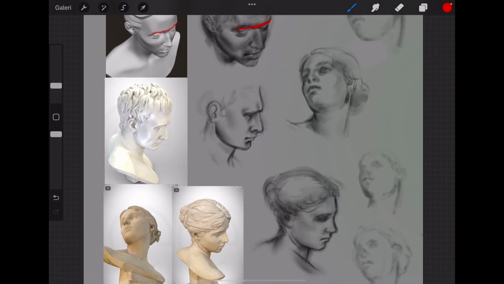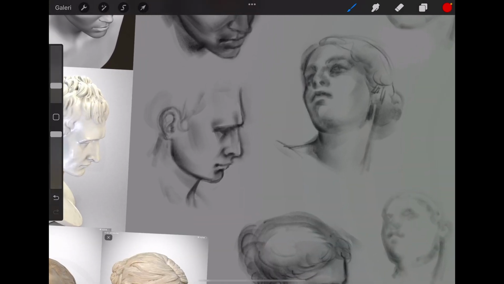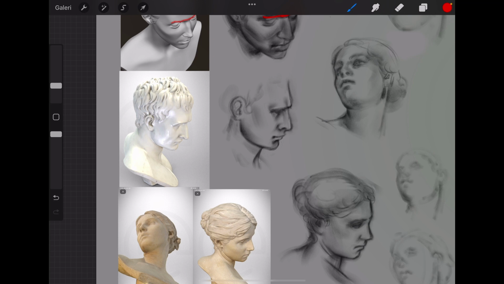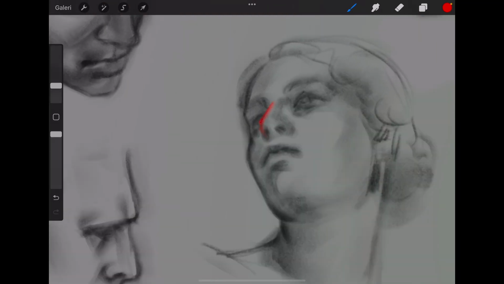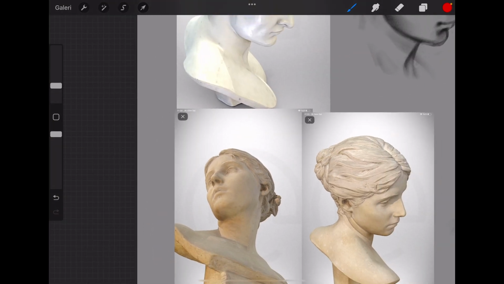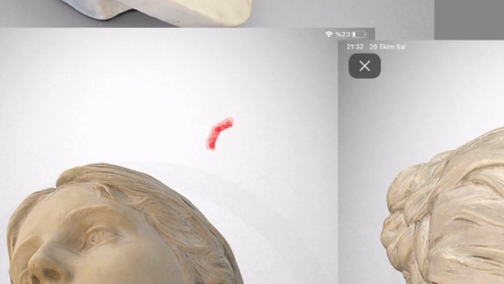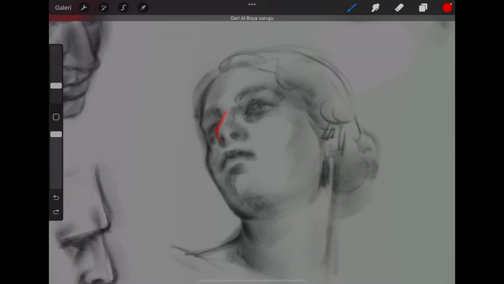And in here, for instance, there's no structure. Look at the nose. It's supposed to be a bit more like this, because it is built like that. But while drawing, I was like, oh, there is this eye, and then there's this nose in here, but it kind of looks off.